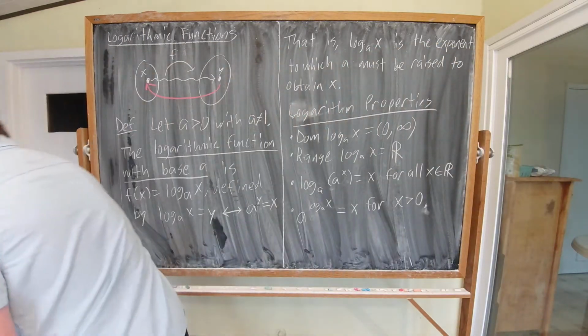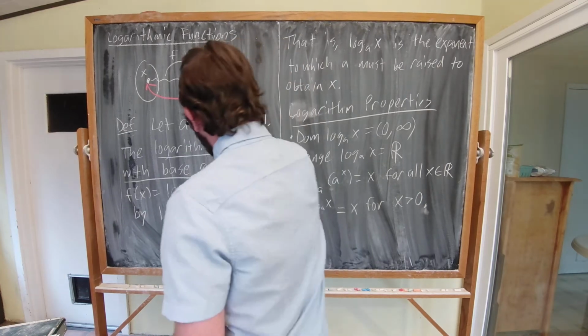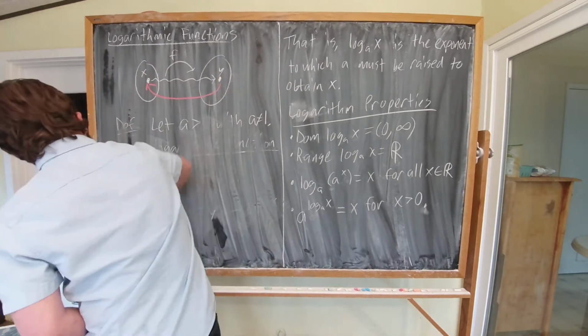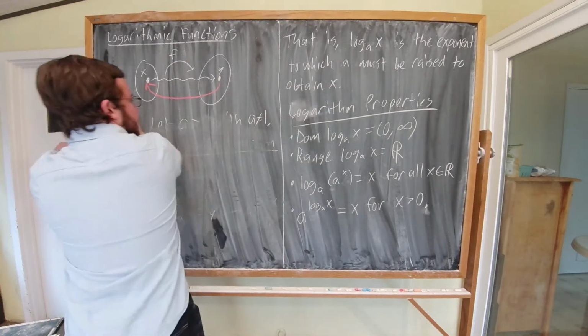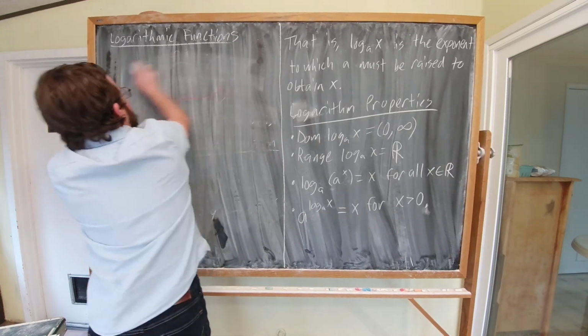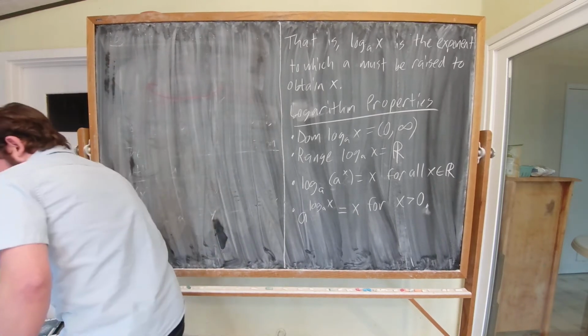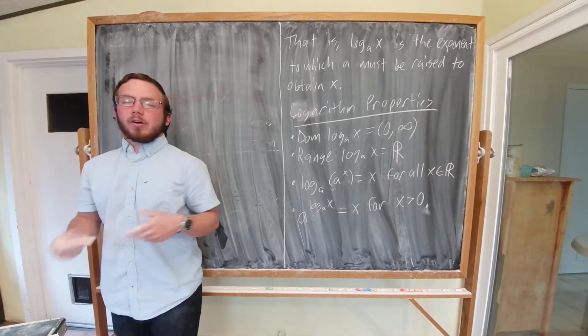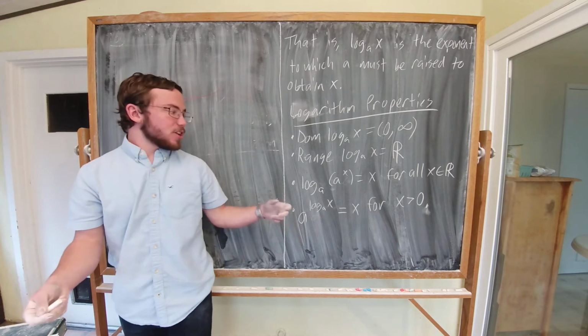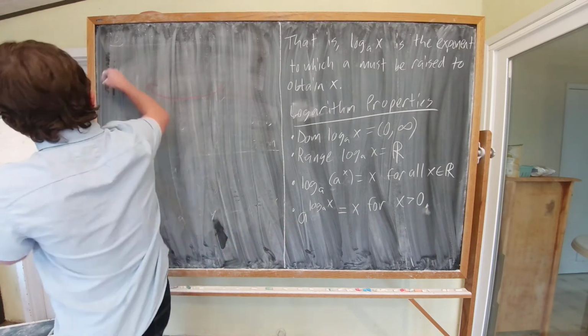Alright, let's do some other properties that we get from those. So, we're going to list some properties and we're going to prove them based off of the definition of the logarithm function.